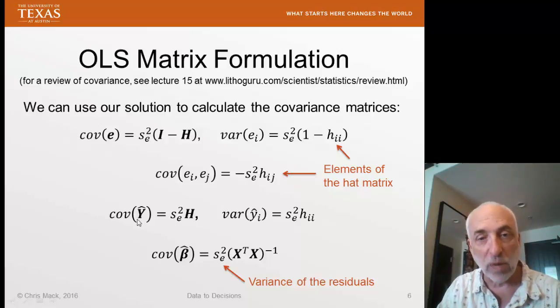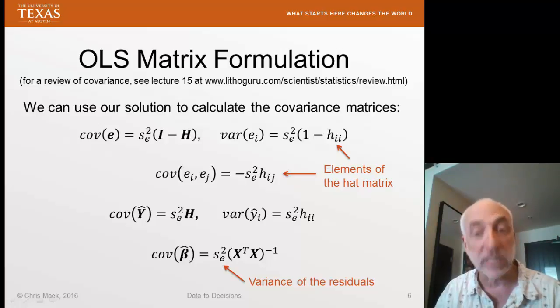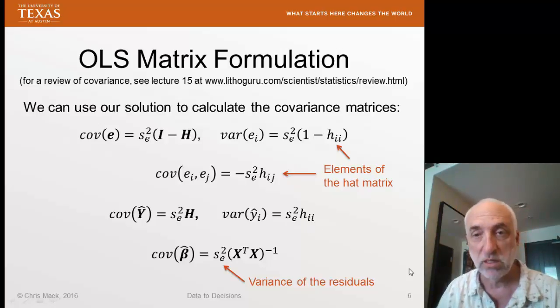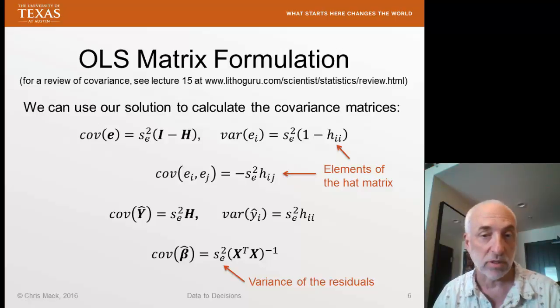And we can see that here. So the covariance of y hat, my predicted y values, scales as the variance of the residuals, and the variance of any particular predicted y value, y hat sub i, will also scale as the variance of the residuals, multiplied by this diagonal element of the hat matrix.